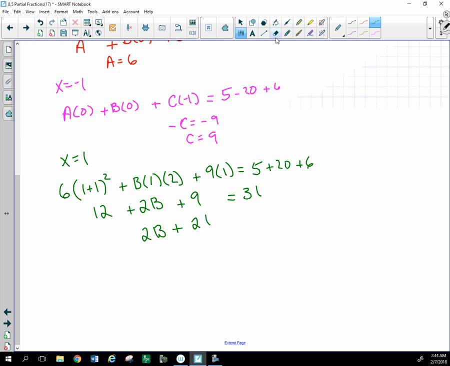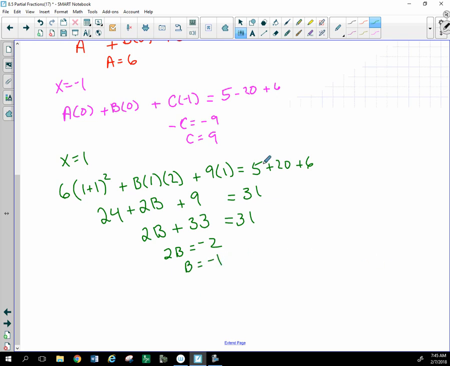This is 24 over here. It is 6 times 2 squared, not 2 times 6, so that's 24. And that makes things a little bit different. So then this one is 33. When I combine those together, equals 31. So if I subtract, 2b equals -2, so b is -1.